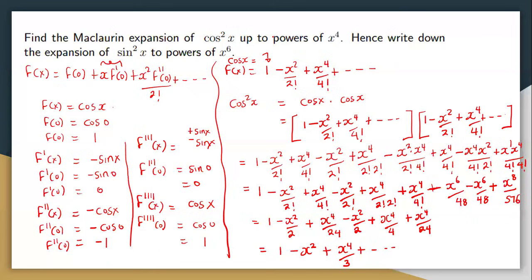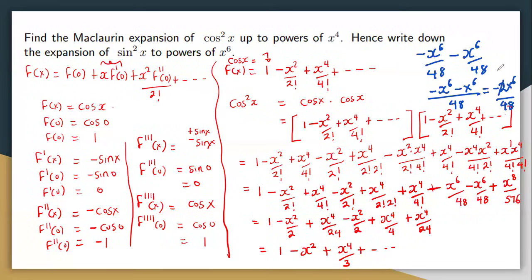Let me know whether we are on the same page. No, the question is not yet done. I'm going to include this one of power 6 as well. When you look at the one of power 6, we have negative x power 6 out of 48 minus x power 6 out of 48. Now here, your LCM is 48, so you have negative x power 6 minus x power 6, which gives you negative 2x power 6 out of 48.